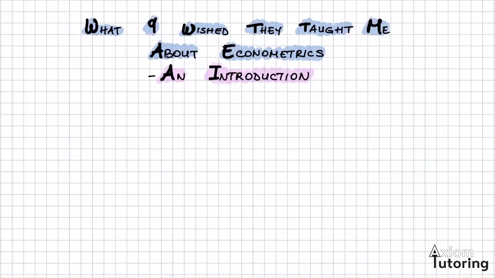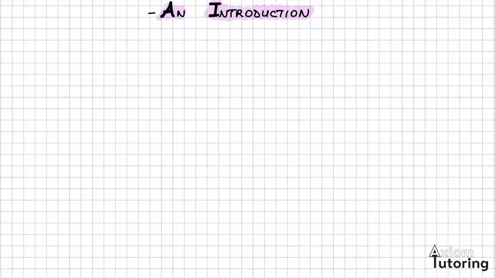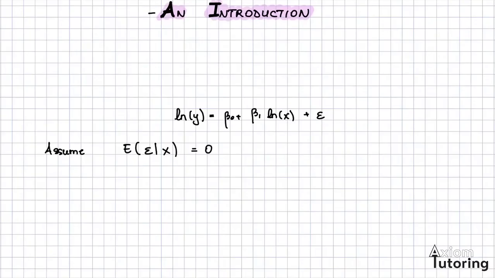So we're going to start as usual from the population model. So we're going to have ln of y being equal to beta null plus beta 1 ln of x plus an error term. We're going to assume that the conditional expectation of the error term on x is equal to 0. And we're going to take the conditional expectation in here on both sides.